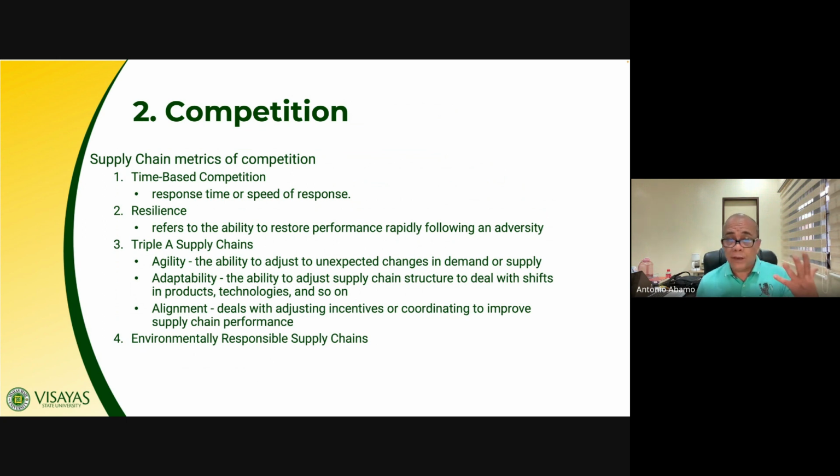These are some of the metrics of competition, depending on what is demanded by the customer, whether the customer wants on-time delivery, or is particular about your resilience, meaning you can adjust to various disturbances or perturbations along the entire dynamics of the chain.